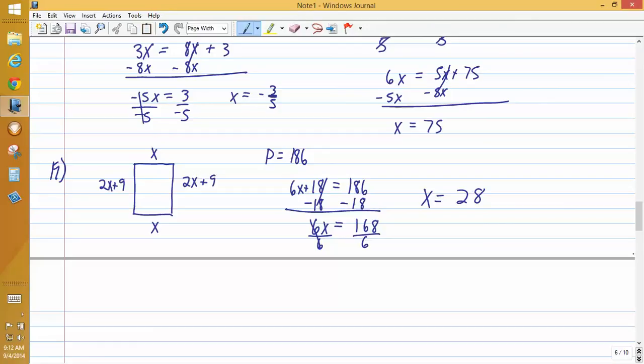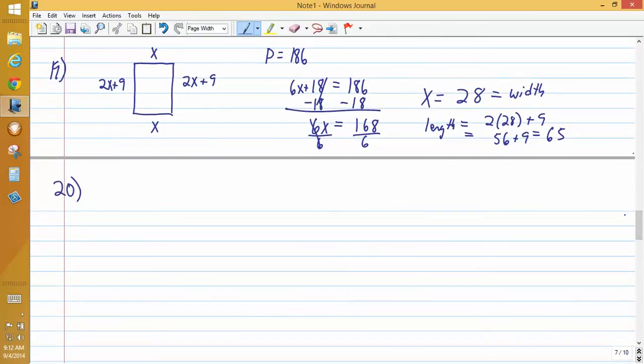So the width is 28 feet. To find the length, we have the formula 2x plus 9. So it's going to be 2 times 28 plus 9, or 56 plus 9, which equals 65. So the length is 65 feet, the width is 28 feet.